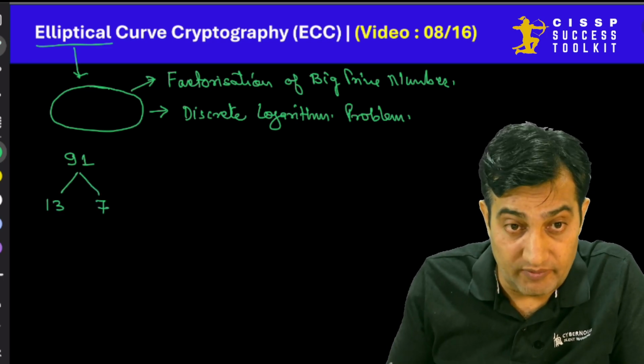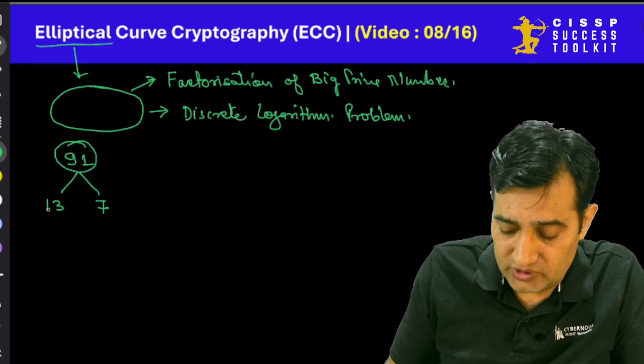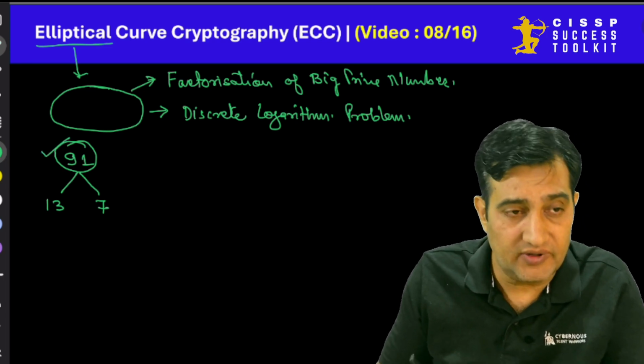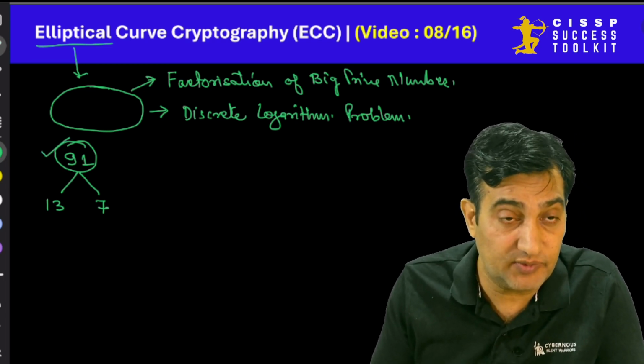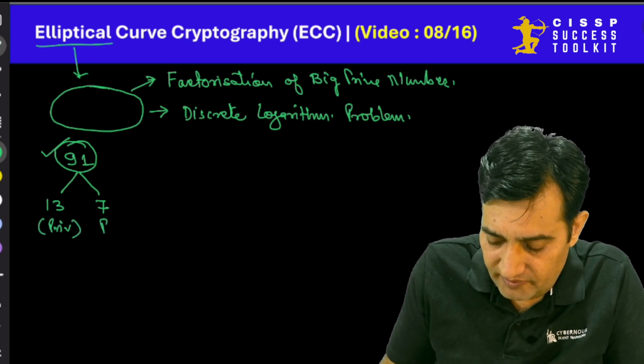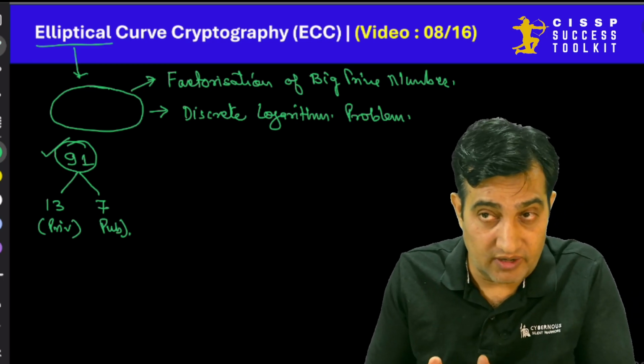Both of these are prime numbers, right? And if you use a particular cryptography to do something, it will be a multiple of this particular number or a factor of this particular number. So one becomes the private key and one becomes the public key, isn't it? So this is based on mathematics.